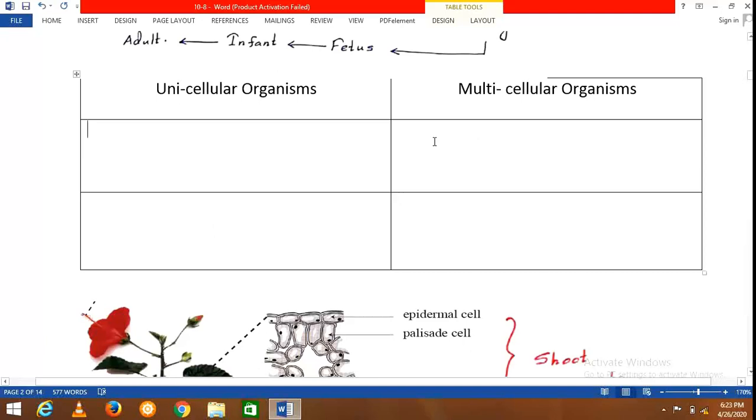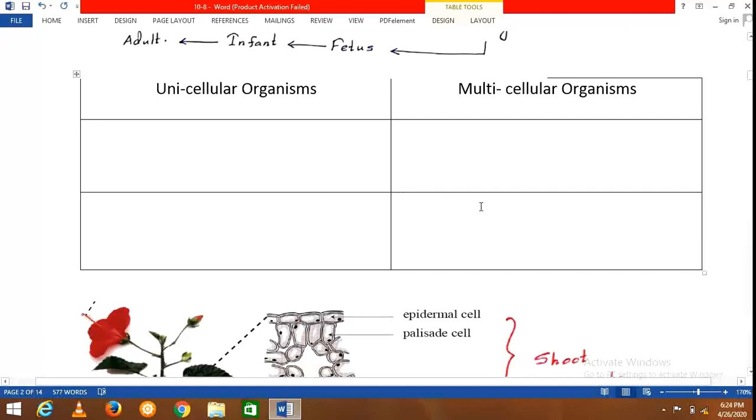Then when it comes to multicellular organisms, we can say tissue and system level organization is there. We'll learn about this tissue and system level organization in a coming example. Here we can say organs are well developed to perform different functions. Here organelles are developed to perform different functions.